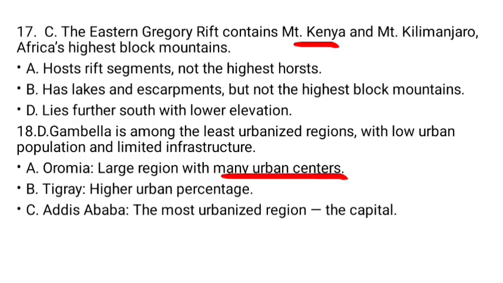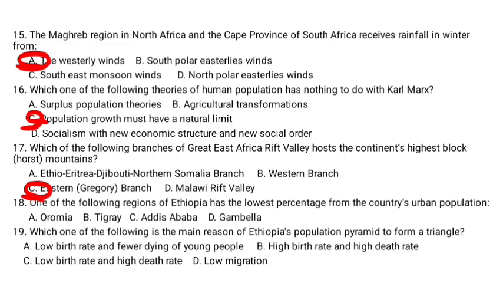Addis Ababa is the most urbanized region and also the capital city of the country. But Gambella is among the least urbanized regions, with low urban population and limited infrastructure. So D is the correct answer for question number 18.